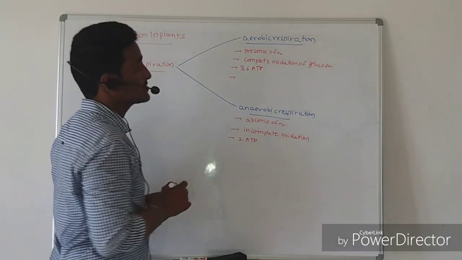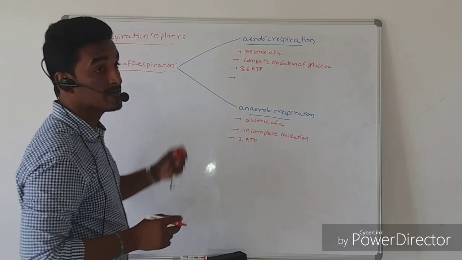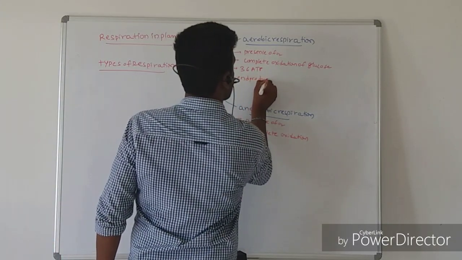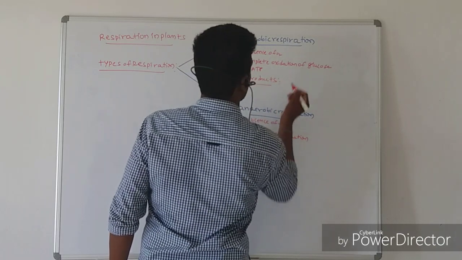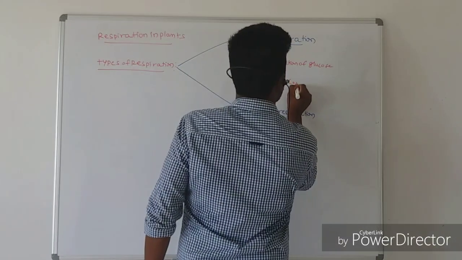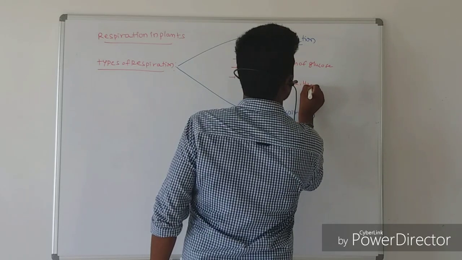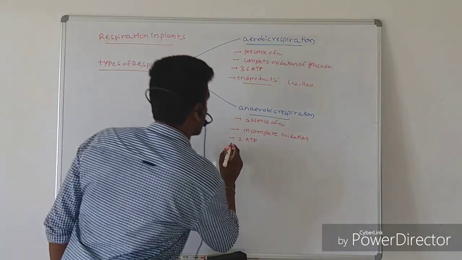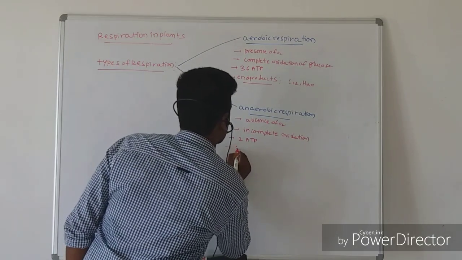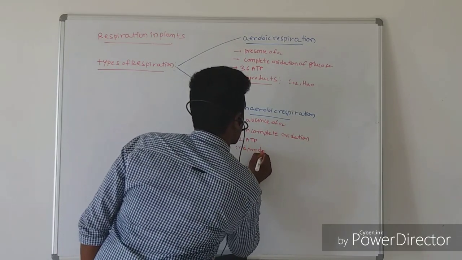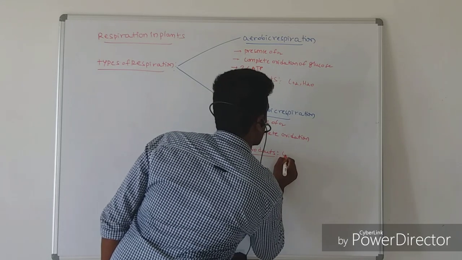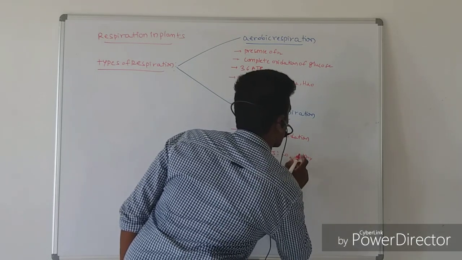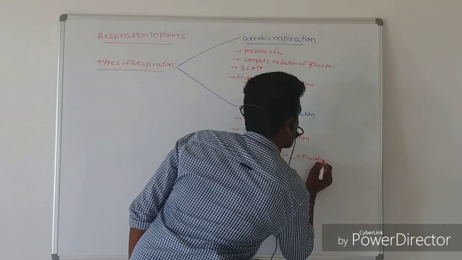What are the end products of aerobic respiration? CO2 and H2O. What are the end products of anaerobic respiration? CO2 and ethyl alcohol.